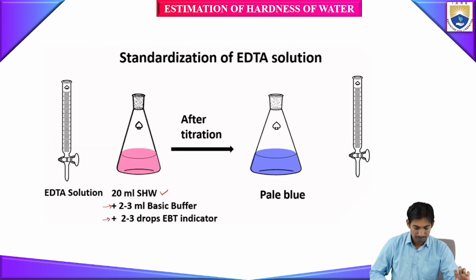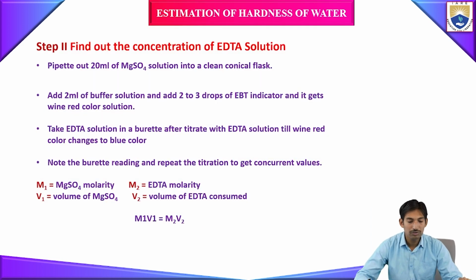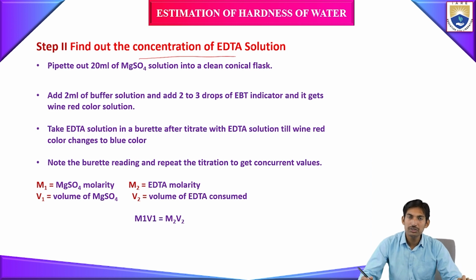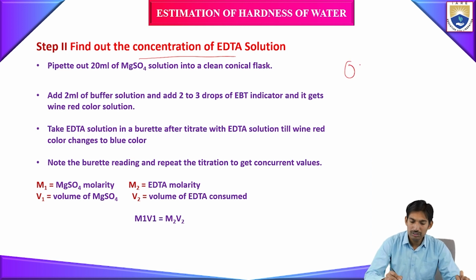In the second step, I am going to find out the concentration of EDTA solution. I already explained EDTA is a secondary standard solution. So the secondary standard EDTA concentration, we can calculate by using primary standard solution, that is magnesium sulfate or calcium carbonate. In this case, I am taking 0.01 molar solution of magnesium sulfate.